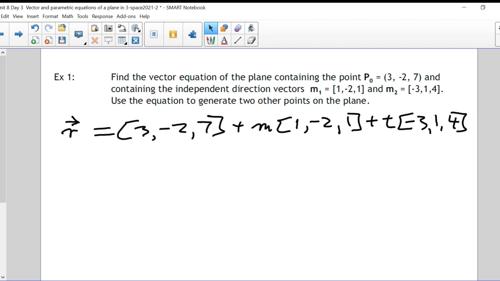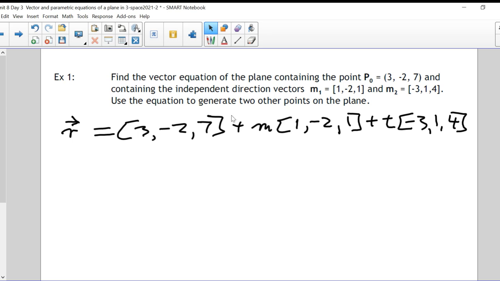Okay? So that is the equation of a plane. I can't just define the plane as I did yesterday with just one direction vector. I'm using 2 direction vectors this time and a point that's on that plane. So there is my equation, and that's a vector equation.